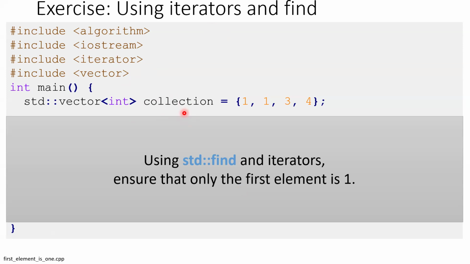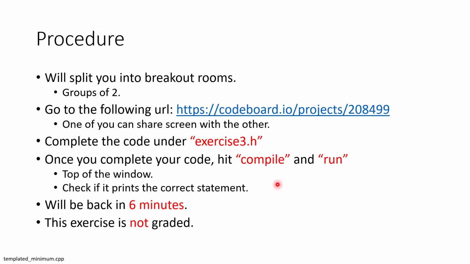One is the first element is 1. The other one is the other elements are not 1s. Use find and iterators. And we'll be back in 6 minutes. Remember that you don't need a for loop if you have the find function.